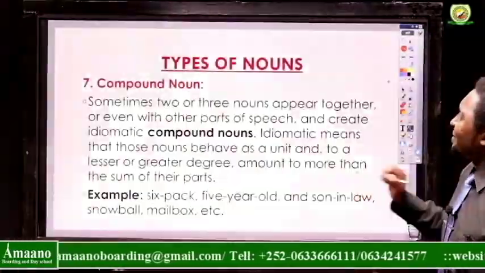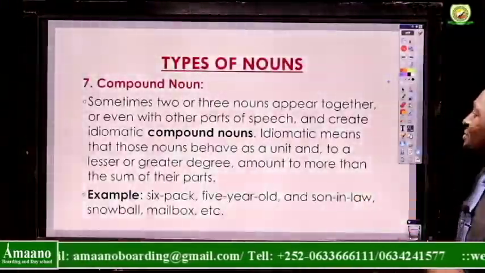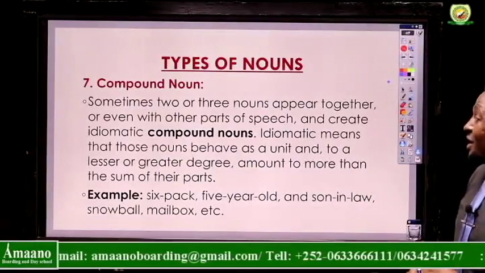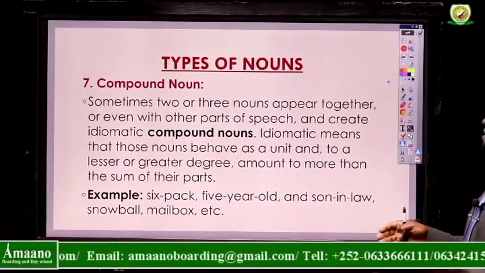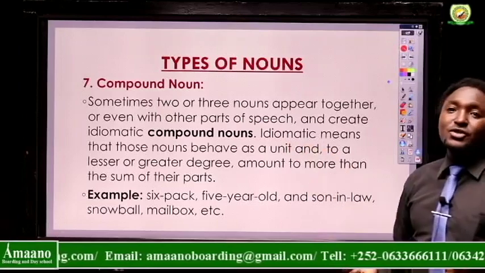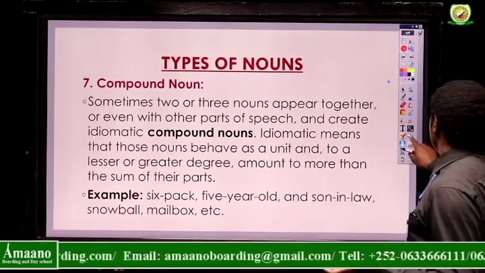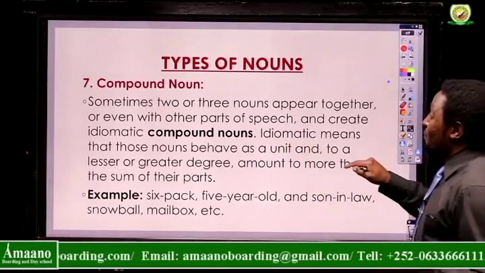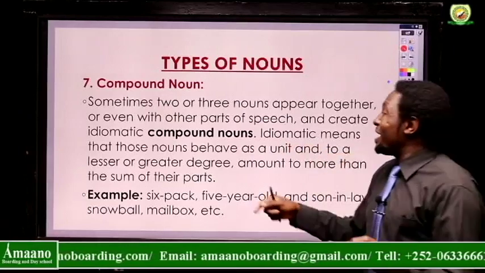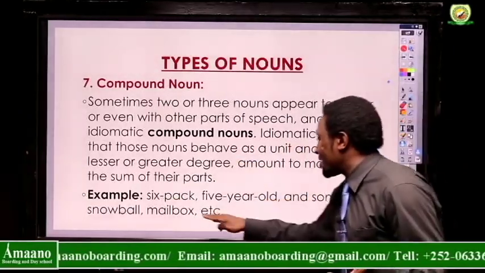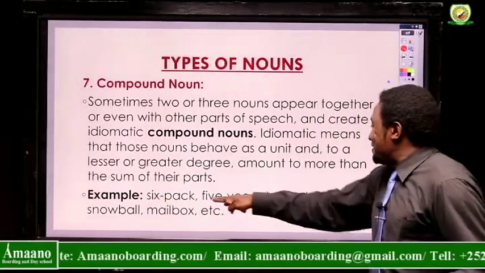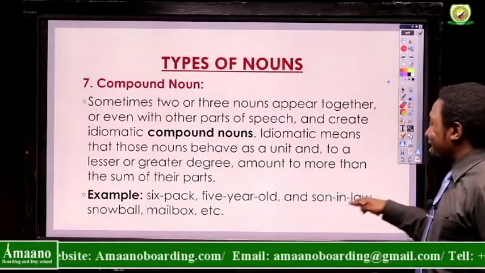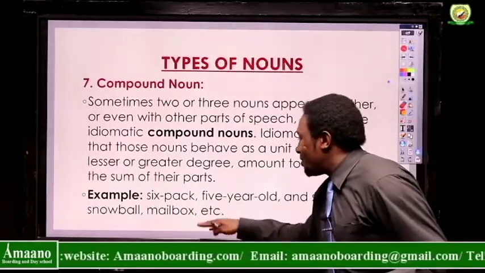Number 7, which is the last one, compound noun. A compound noun is a noun that is made of 2 to 3 nouns. Some nouns are made when you combine 2 or 3 words. For example, six-pack. I have a six-pack. 5-year-old, son-in-law, snowball, mailbox, ice cream.